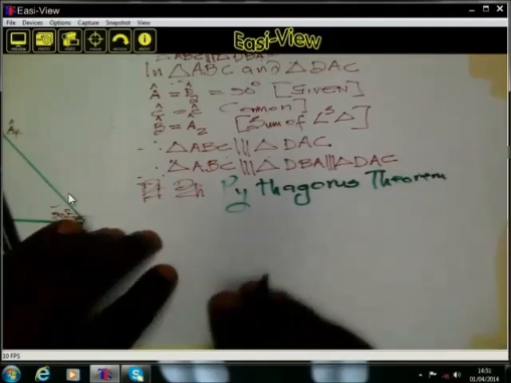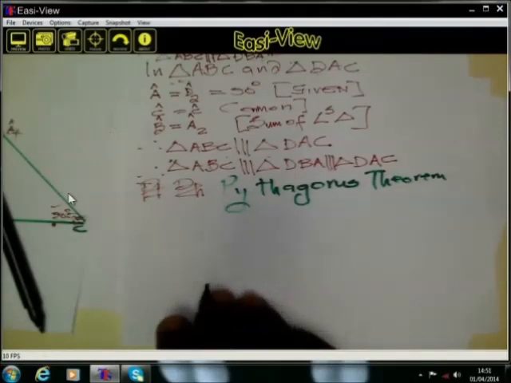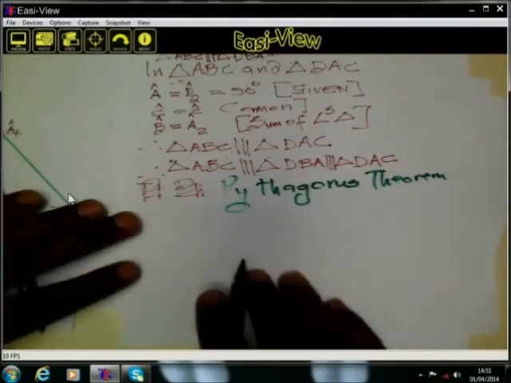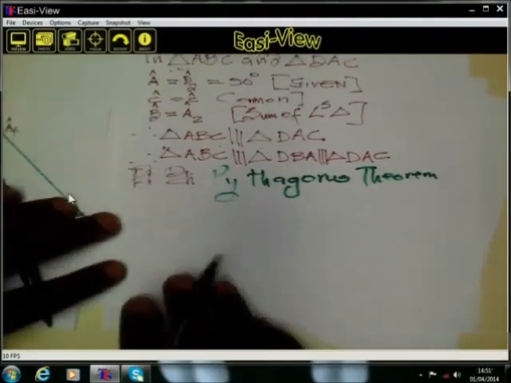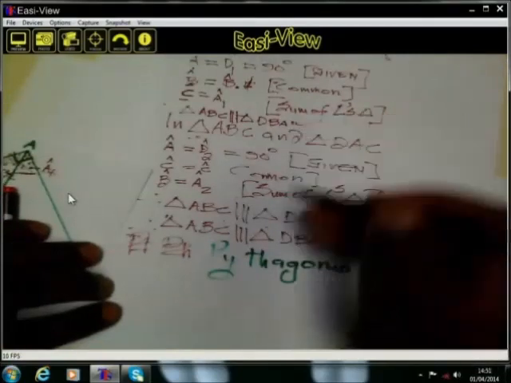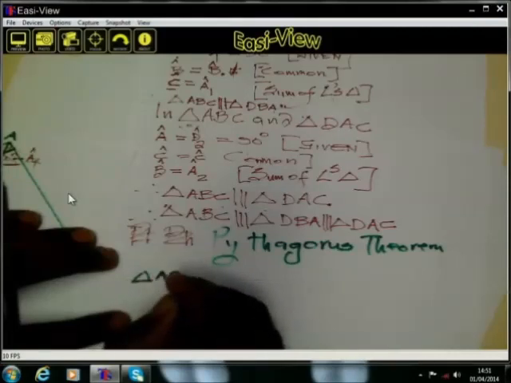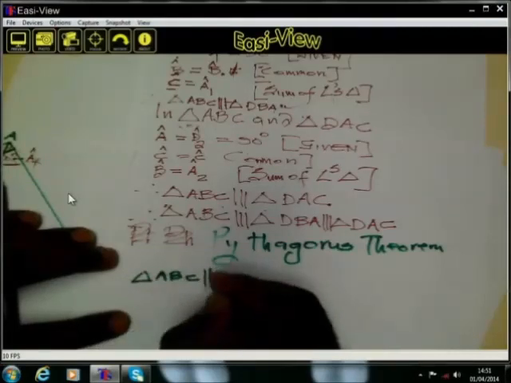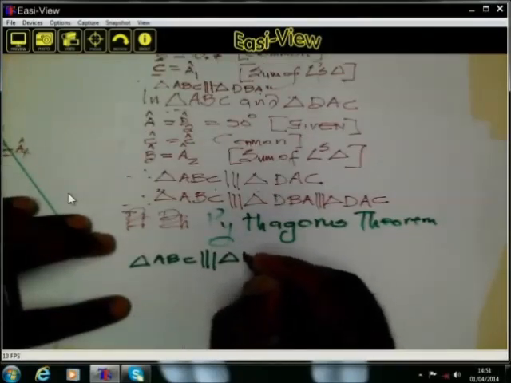Now, learners can ask, why do you say this? I want us to go back to our first conclusion, the first conclusion of the first two triangles, which read as triangle ABC being similar to triangle DBA.